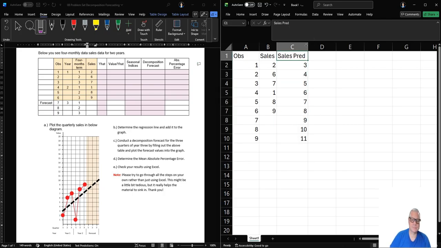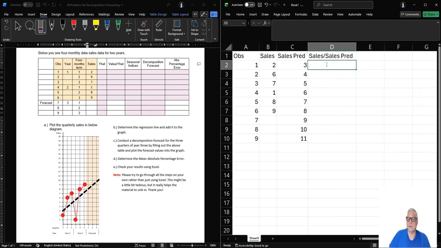Again, this will ignore the cyclicality, so we need to calculate next the ratio of the actual sales to the predicted sales. And we do that for the 2 years. So we divide sales by the predicted.